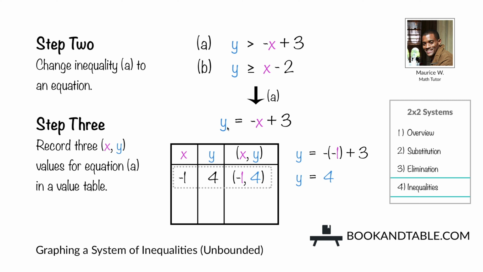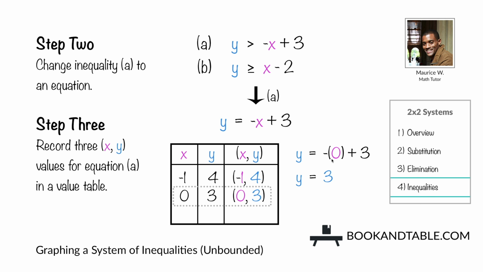So for this line, y is equal to negative x plus 3. We'll plug in negative 1 for x and see what our y value becomes. So y is equal to negative 1 times negative 1 plus 3. Negative 1 times negative 1 is positive 1. 1 plus 3 would give us 4. So along this line, when x is negative 1, y is 4.